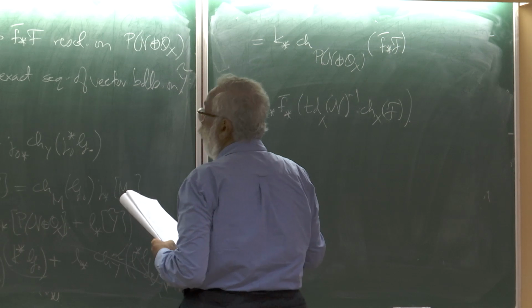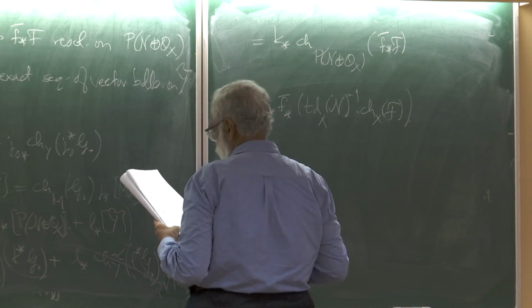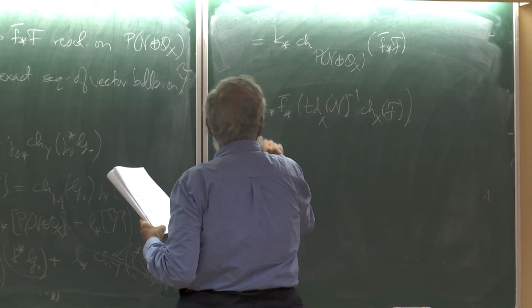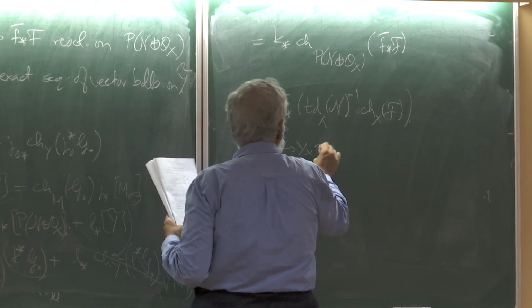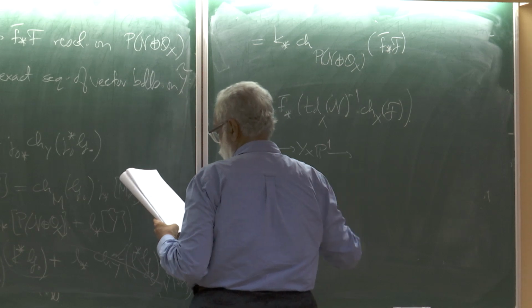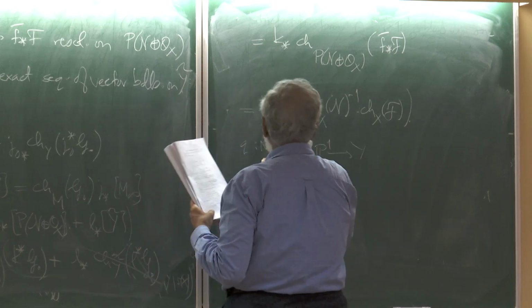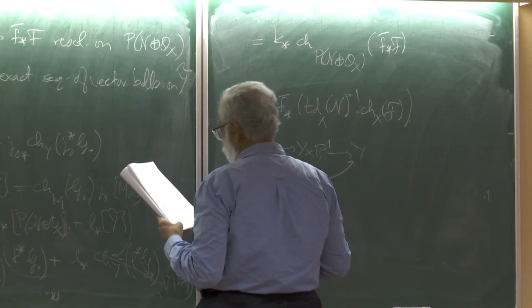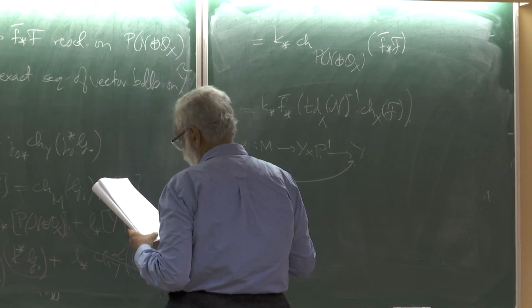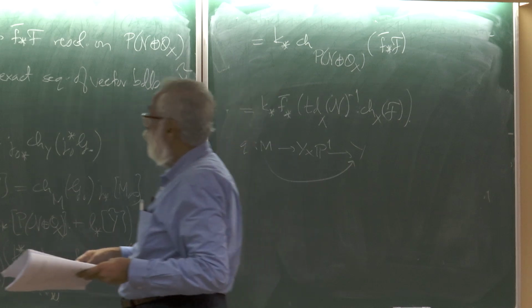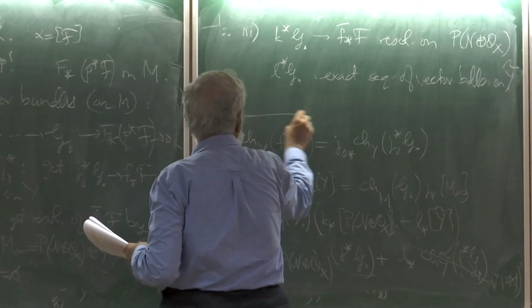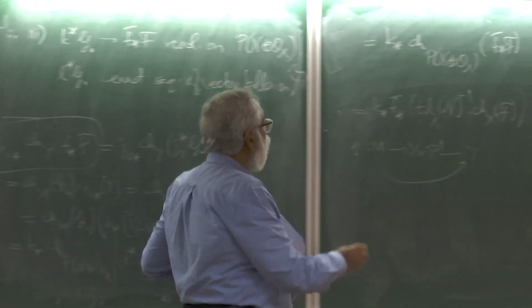Now, I erased that diagram unfortunately. Okay, so I had Q, M to Y cross P1 to Y, the composition. Then this equation which I got here, whatever it was, I was trying to compute this, and it was equal to this.